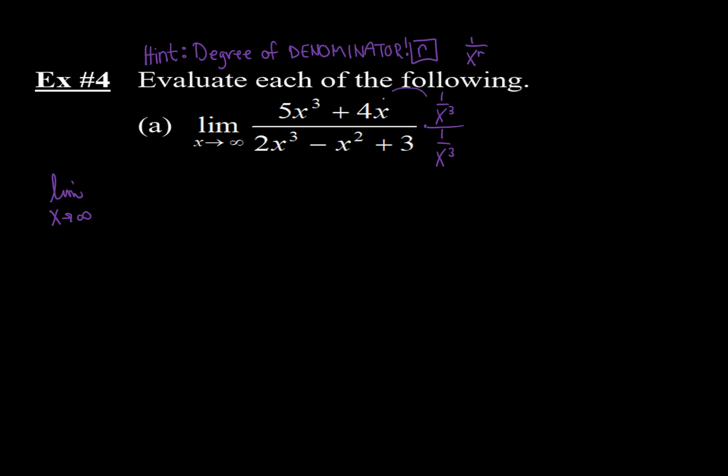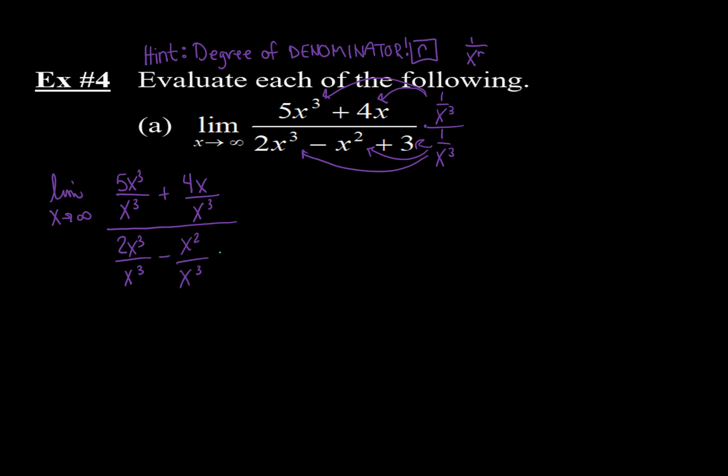So let's take the top and multiply it by that 1 over x to the third power. And I'm going to do the same thing to the denominator. Now what I'm going to do is cancel the powers of x.